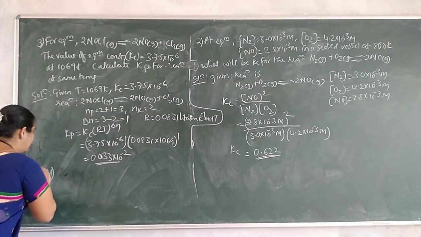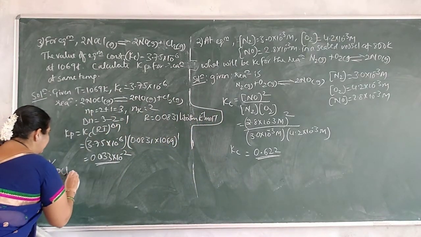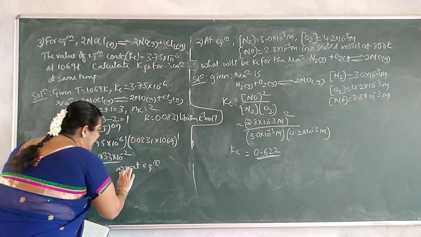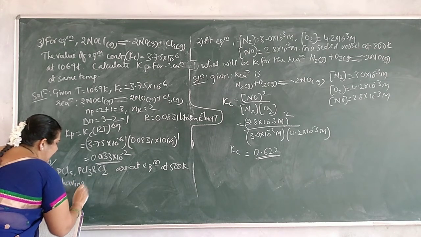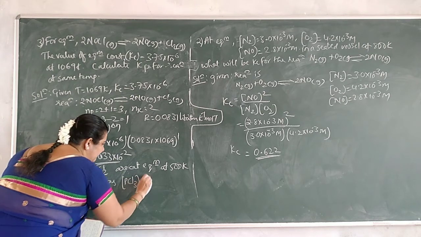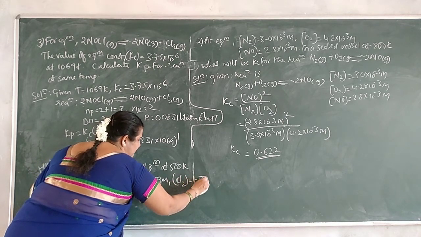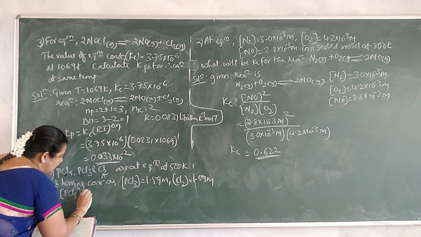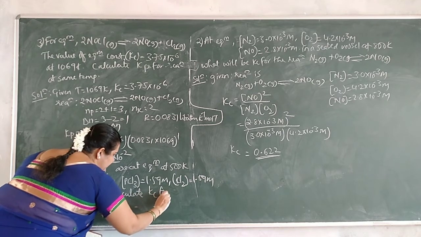Okay. Solve the problem. Fourth question. PCl5, PCl3 and Cl2 are at equilibrium at 500 Kelvin and having concentration as: concentration of PCl3 equals 1.59 M, concentration of Cl2 equals 1.59 M, then concentration of PCl5 equals 1.41 M. Calculate Kc for the reaction.